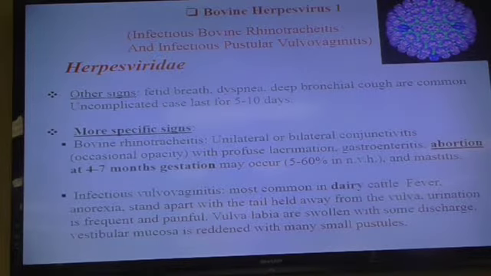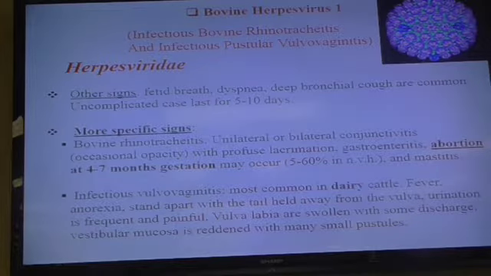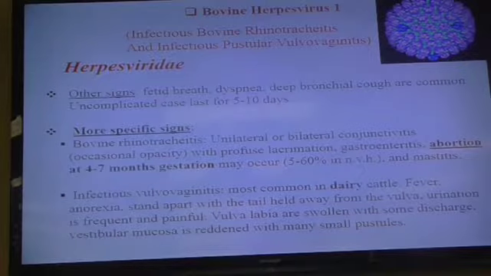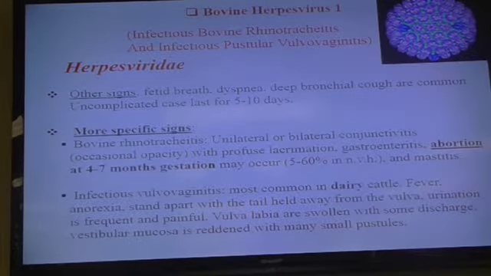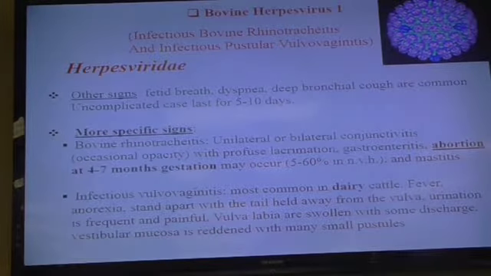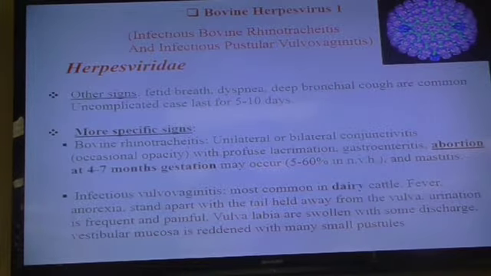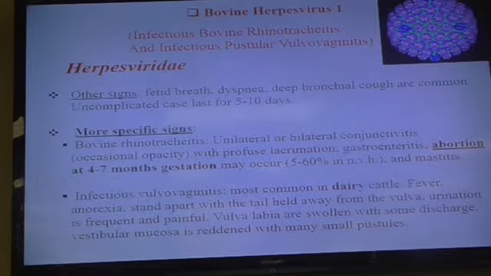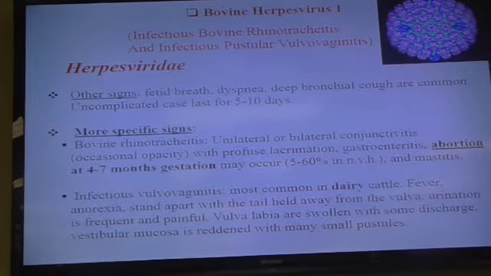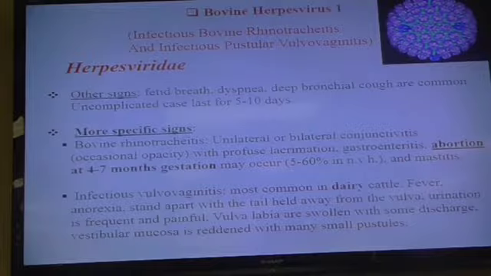More specific signs, bilateral conjunctivitis. Again, with most respiratory disease you have conjunctivitis, profuse lacrimation, and it can be associated with gastroenteritis. Abortion usually occurs at later stages of pregnancy, 4 to 7 months of gestation. This is an exam question, asking which diseases occur early during pregnancy and which occur later during pregnancy.